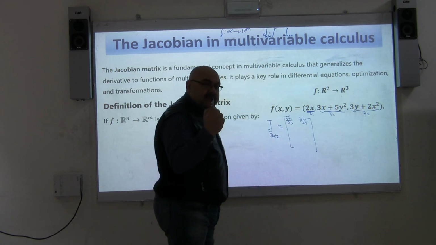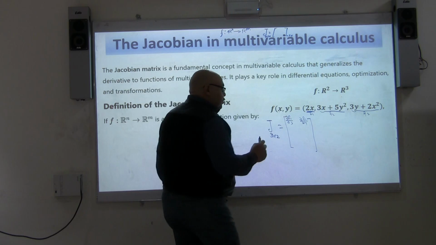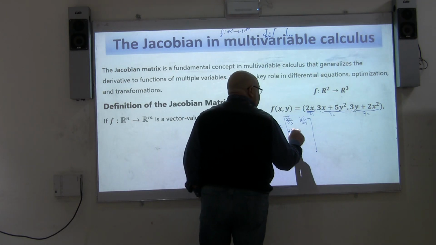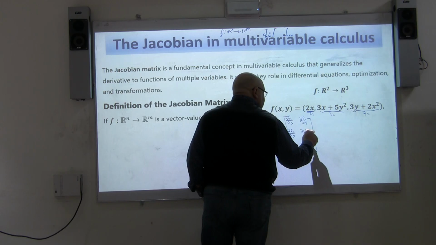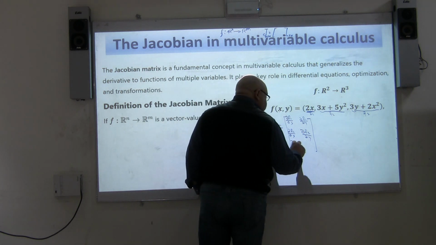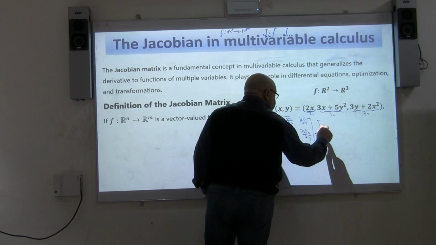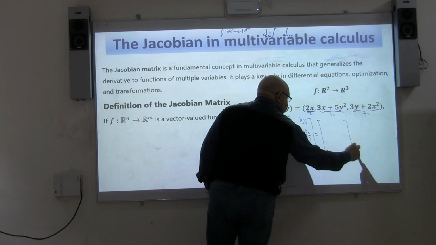That's for the first function. For the second function, let's do it together. It's going to be partial F2 partial x, partial F2 partial y. Let's do the same with the third one: partial F3 partial x, partial F3 partial y, which is going to equal, let's apply it.